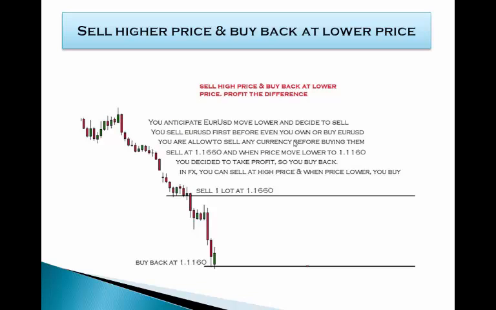You multiply 500 pips by $10 per pip. If you sell one lot, you make $5,000 US. So that's how you can make money in the currency market. You can buy low, sell high, or you can sell high, and in the future when the market moves lower, you buy back at a lower price and make the profit in between.